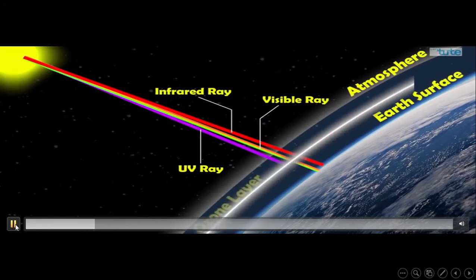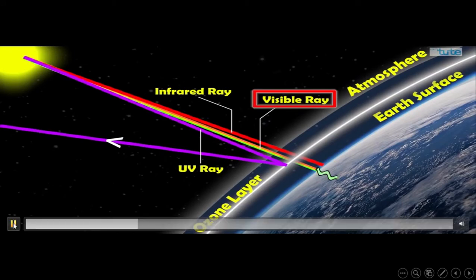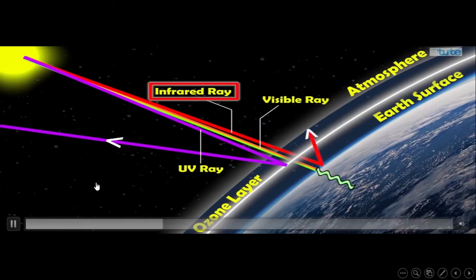The ozone layer, which is present in the Earth's atmosphere, blocks some amount of harmful ultraviolet rays from reaching the surface. Of the remaining rays reaching the surface, part of it is absorbed by the Earth, and some, especially the infrared waves, are reflected back into the space.